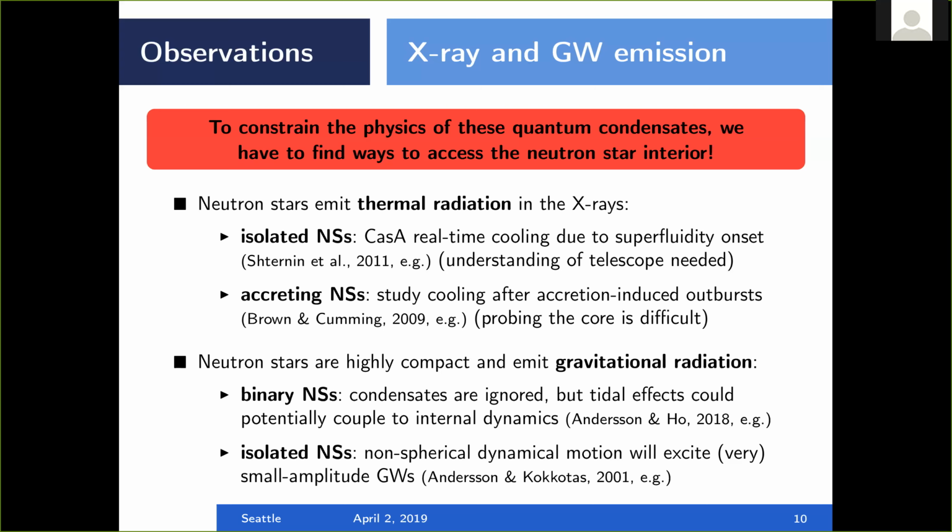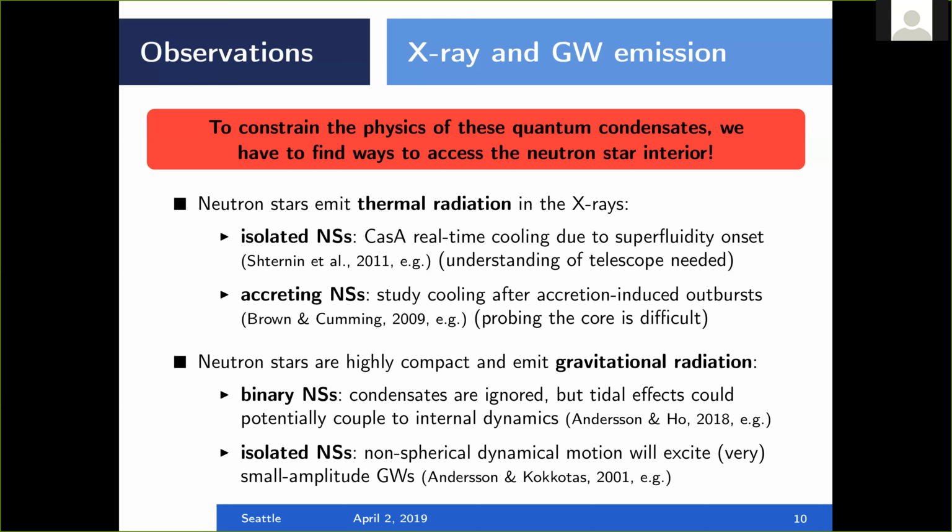In the case of the isolated neutron star, as Niels said yesterday, there are indications that the supernova remnant in Cassiopeia A, which is something like 300 years old, actually cools faster than we have predicted from the standard cooling models. One suggestion to explain this is an additional onset of superfluidity inside the core, which gives you new ways to emit neutrinos, which is essentially the only way you can remove energy from the neutron star, and that leads to additional cooling.